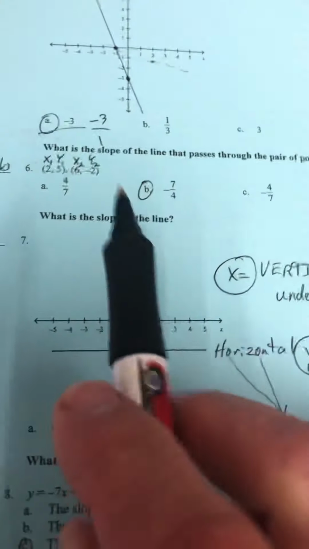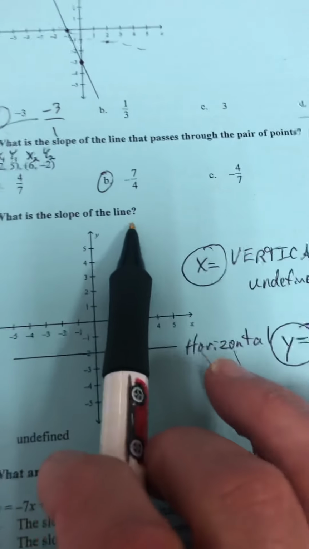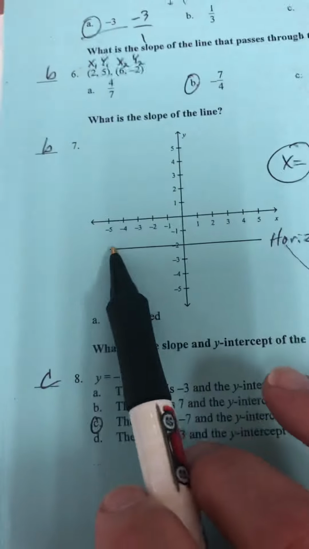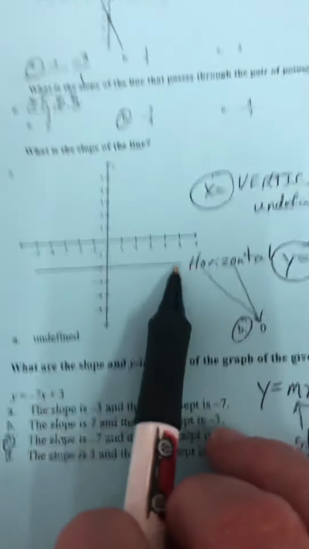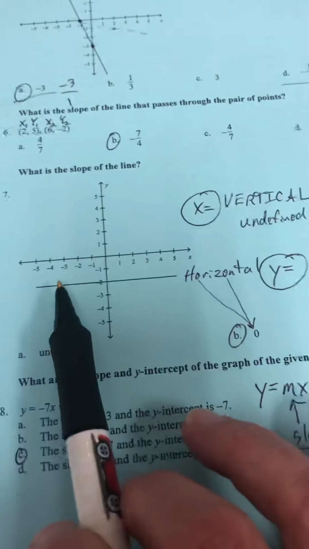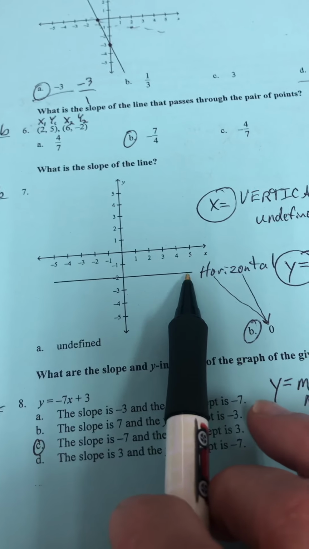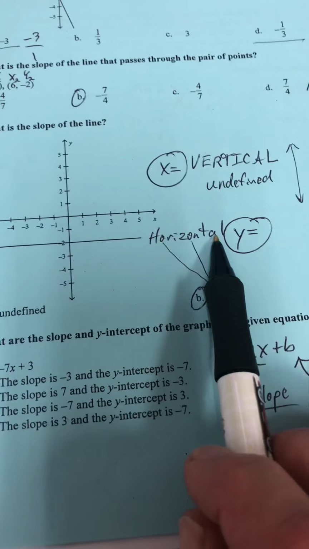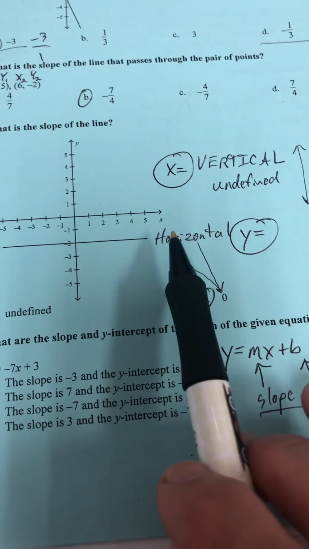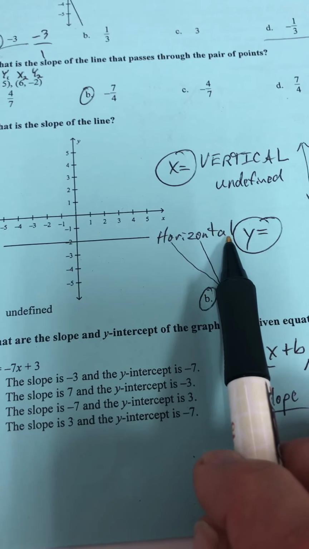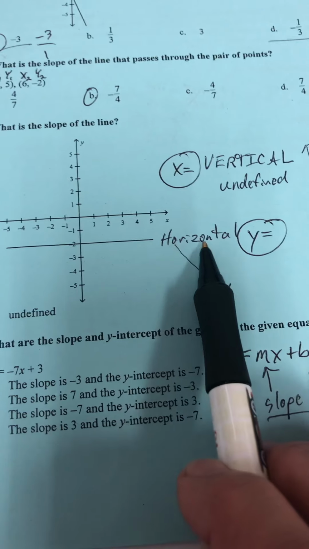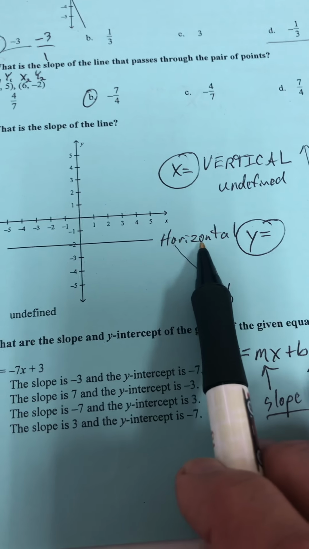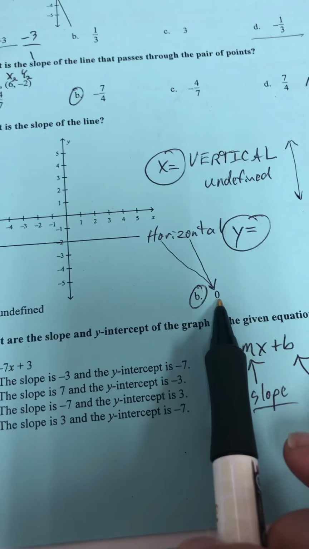For number 7, what is the slope of the line? So we have this line here. A way to remember this, if you have a horizontal line, think of the word horizontal. It's got 2 O's in it. Those O's are going to remind you that it is 0.